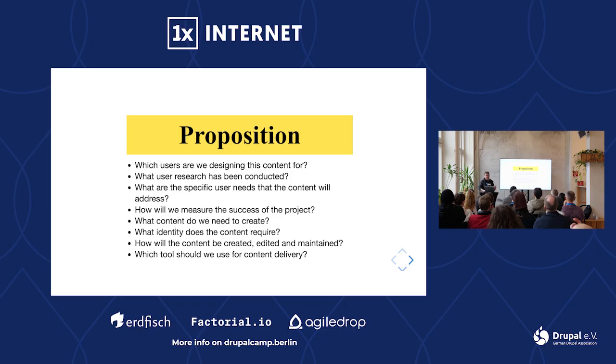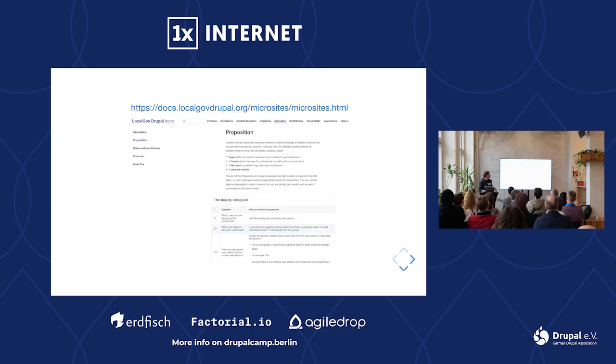It's a set of questions that you can go through to decide, should I have a microsite? Should I have content on a sort of sub-site of the main website? Should it be in the same design as the main website? And things like that. So it's a way of trying to discourage people from firing up yet another website. So if you have that kind of requirements, go take the knowledge and just reuse it.